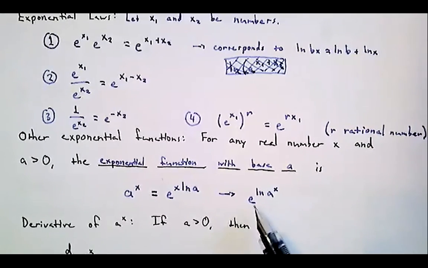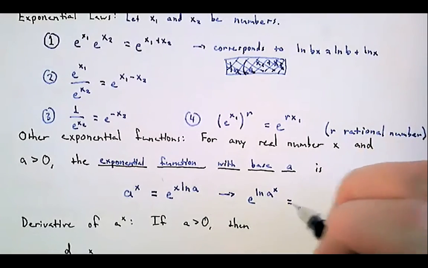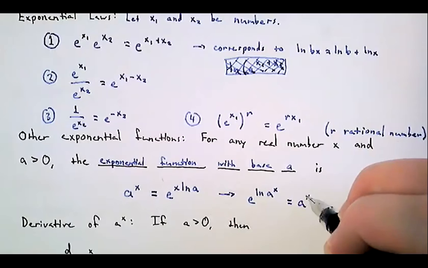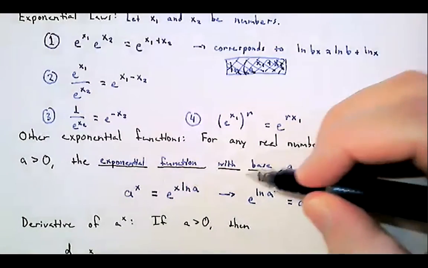And we know that the natural exponential function and the natural logarithm are inverse functions, so they undo each other. That means they cancel. And you're left with a to the x. So this is the relationship.